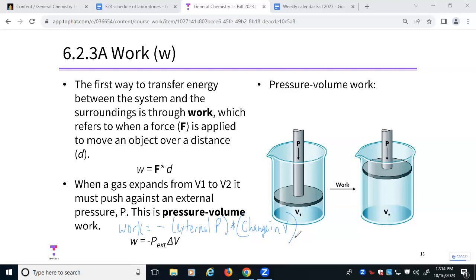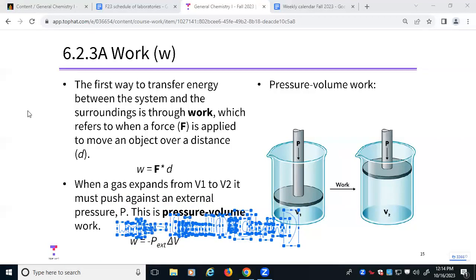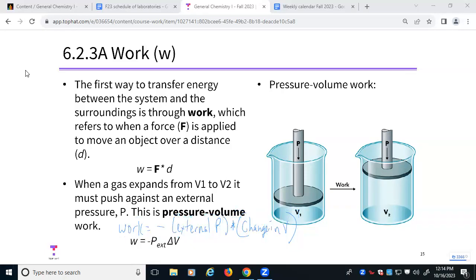A couple of things to point out about this. First of all, anytime we see this Greek letter delta, that is going to indicate some sort of change.